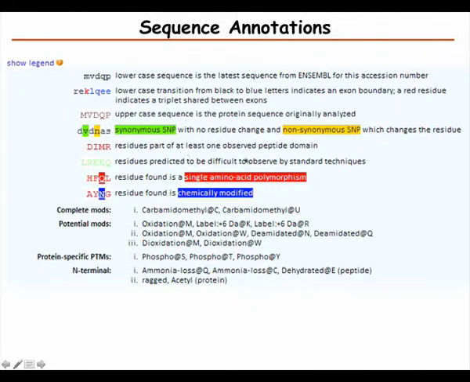Sequences in red are the ones where it has been observed, and the green ones are the ones that are difficult to observe. Then single amino acid polymorphisms observed are in red, and chemically modified residues in blue.